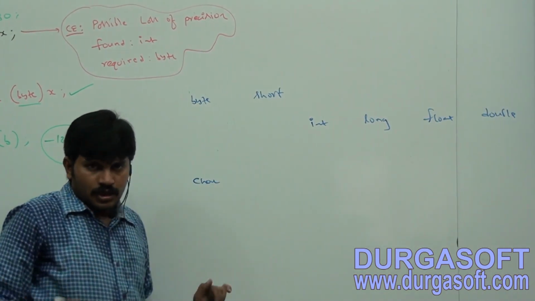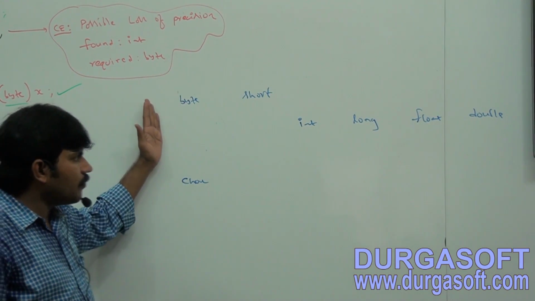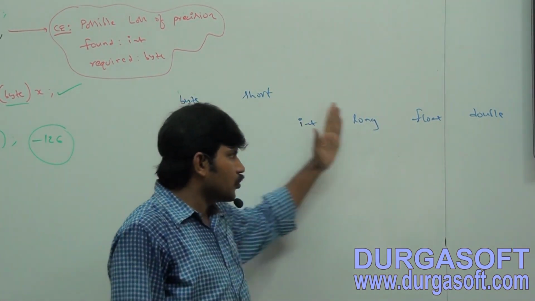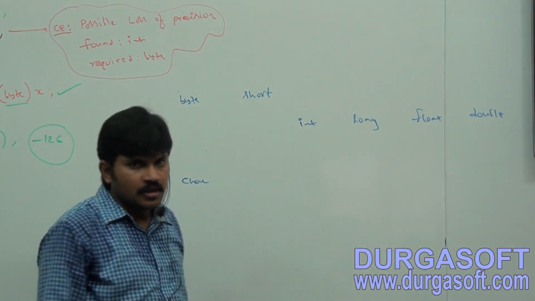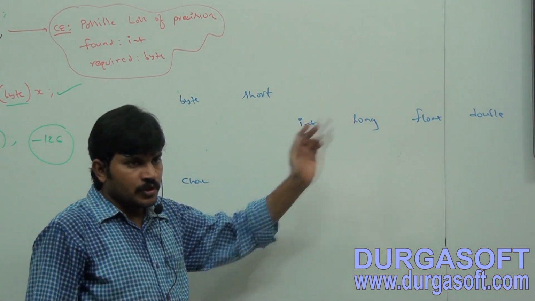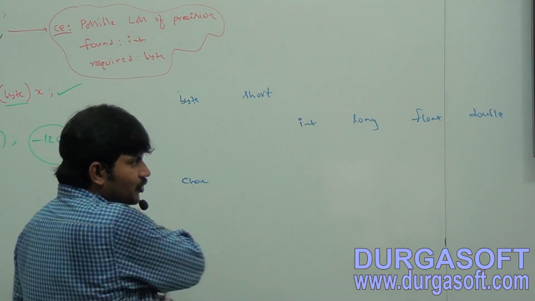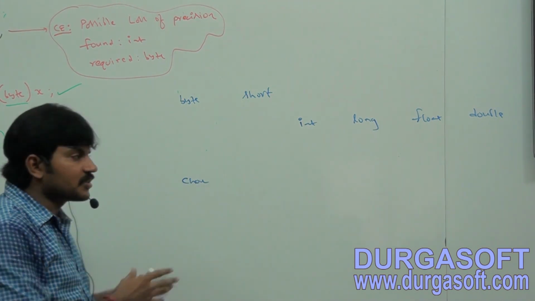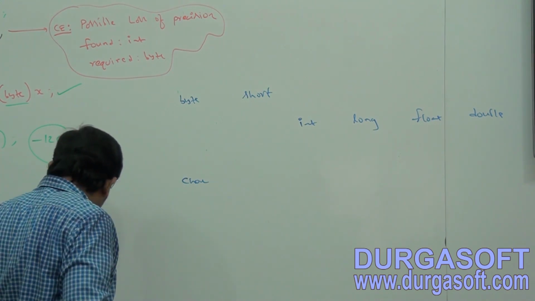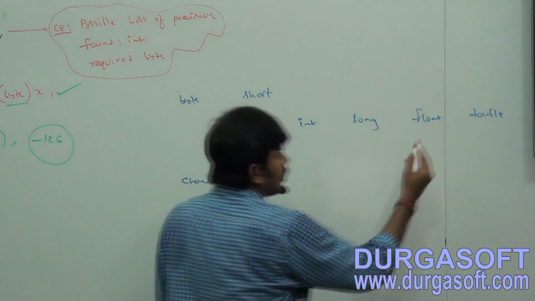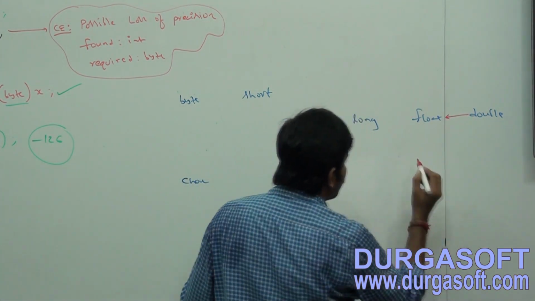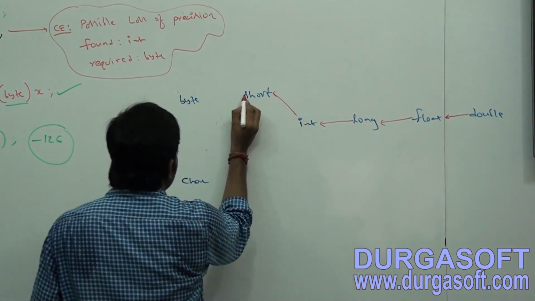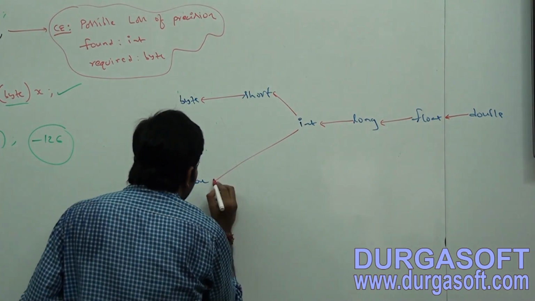If you move from left to right, it is implicit typecasting, smaller to bigger. If we move from right to left, it is explicit typecasting, because bigger to smaller type. So double to float, float to long, long to int to short or short to byte, int to char.